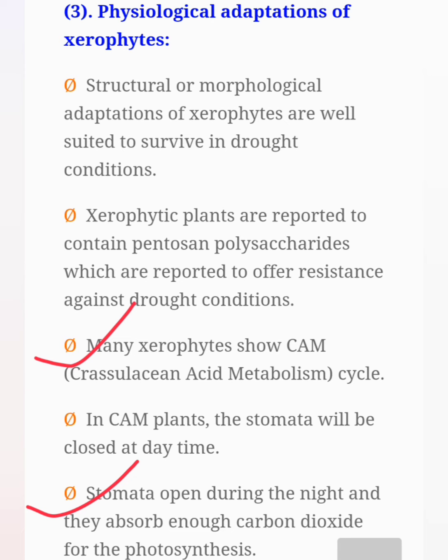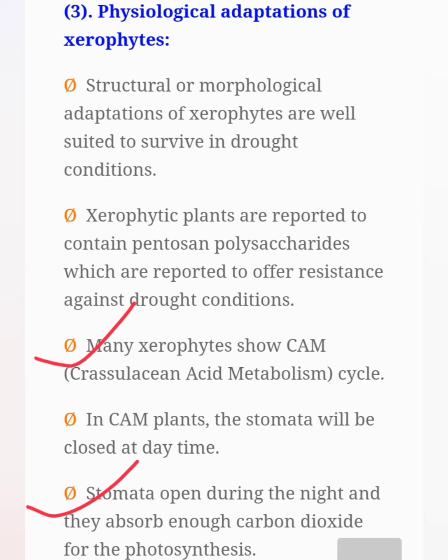During the night, what happens in CAM plants, those plants which show this CAM cycle, is that the stomata remain open, allowing the carbon dioxide to enter and be fixed as malic acid, which is stored in vacuoles.